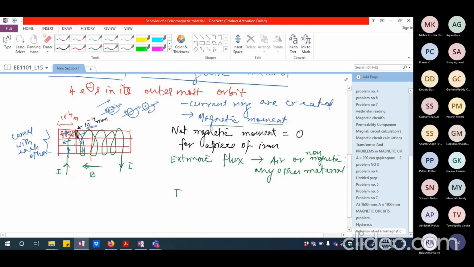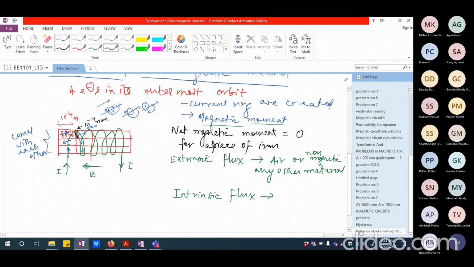But in iron, these intrinsically available magnetic moments are going to be aligned. So automatically you will see a very, very large increase in the flux as well as the flux density in the case of iron, because intrinsically there are magnetic moments available.